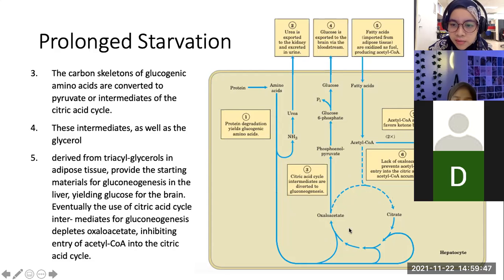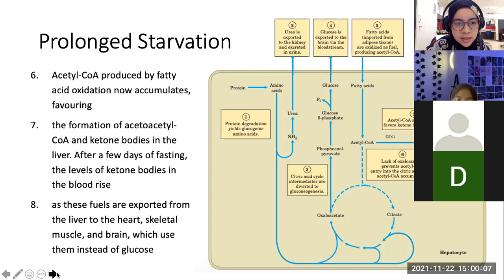If these intermediates are all used up for gluconeogenesis, this will deplete or reduce the amount of oxaloacetate. If oxaloacetate is reduced, then there will be inhibition of acetyl-CoA entering the citric acid cycle.